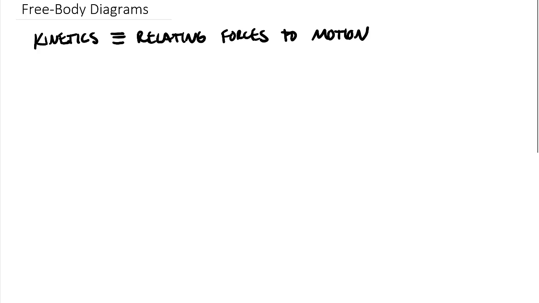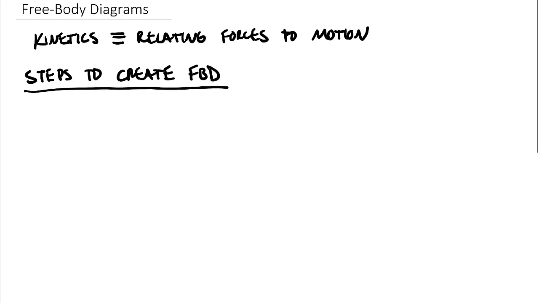Now, these are the steps to create a free body diagram, and they are expanded in the engineering statics textbook. There are some different steps out there, but you're going to see a ton of similarities between them if you read different textbooks.